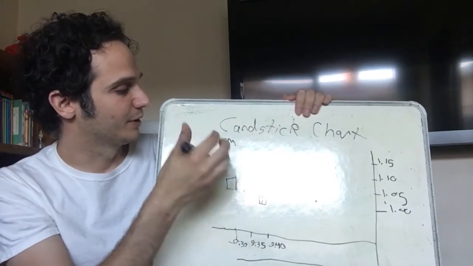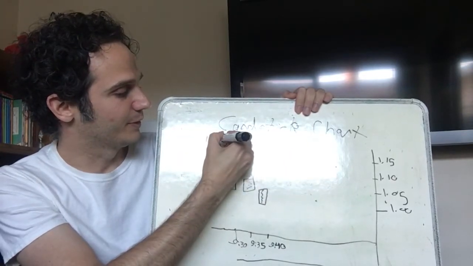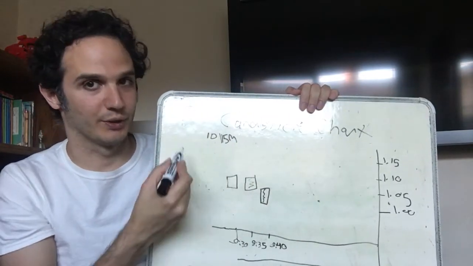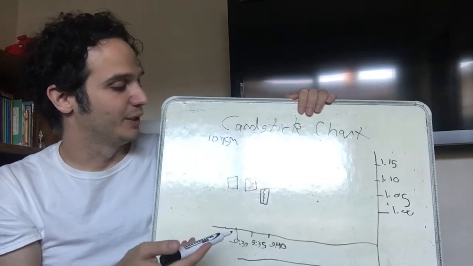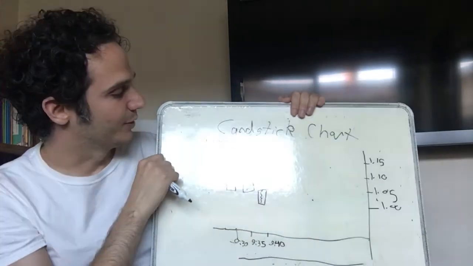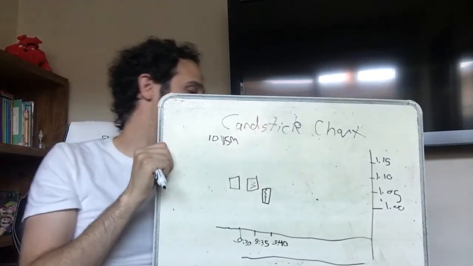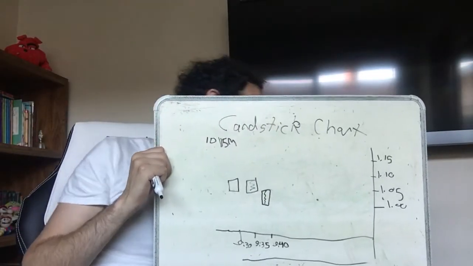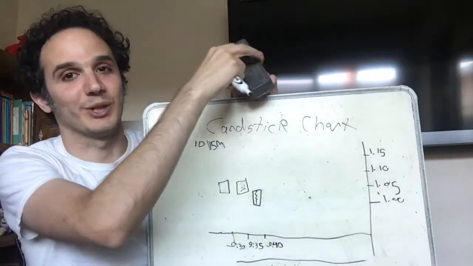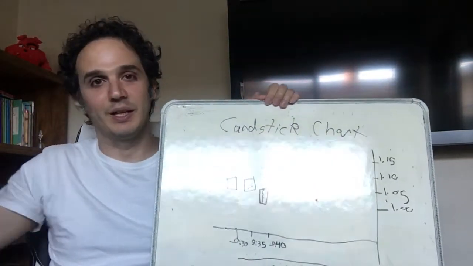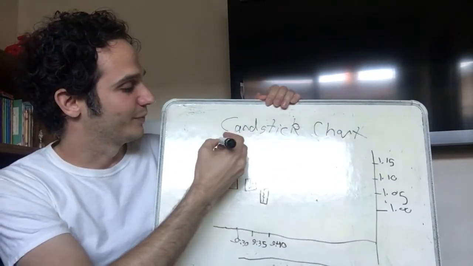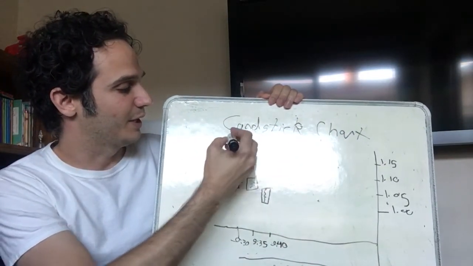And then maybe you could even look at the 15-minute chart, so the 1 day and the 15-minute chart. And then you can also be looking at a daily chart.